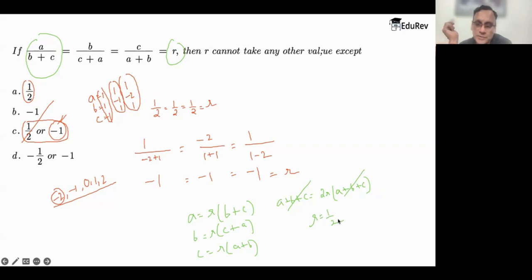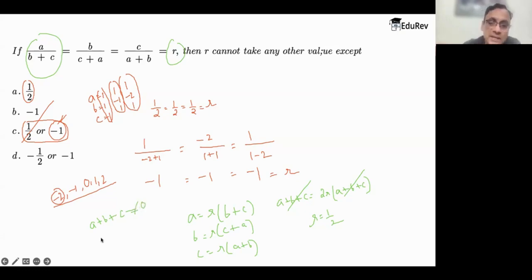Okay. Because obviously, when you have cancelled this A plus B plus C from both sides, what have we assumed? That A plus B plus C is not equal to 0. This I hope you remember, because you cannot divide by 0. So obviously we have assumed that.